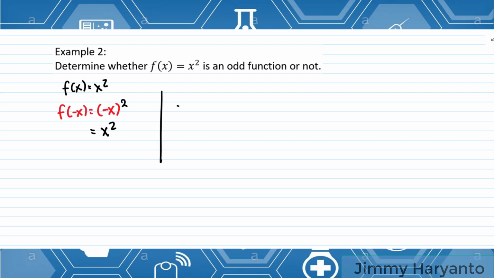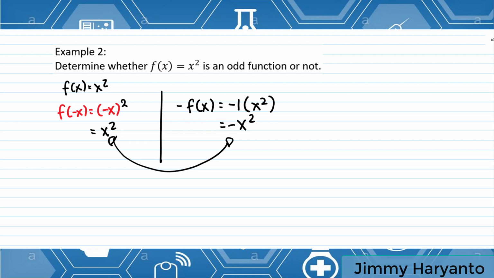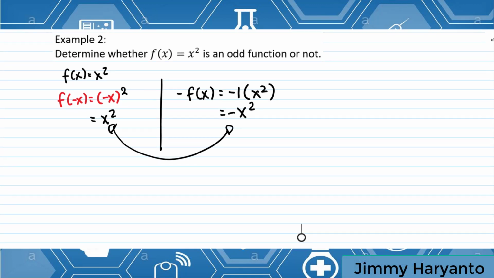And then the second one, you have to find negative f(x). Negative f(x) means times negative 1 with the f(x). The f(x) is x squared, so the result is negative x squared. Compare them. Is it the same or not? Yeah, it's not the same, so you can say that the function is not an odd function.